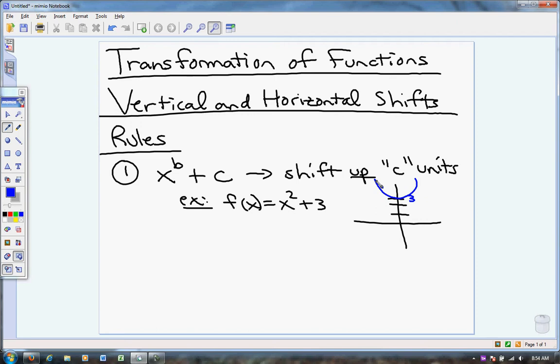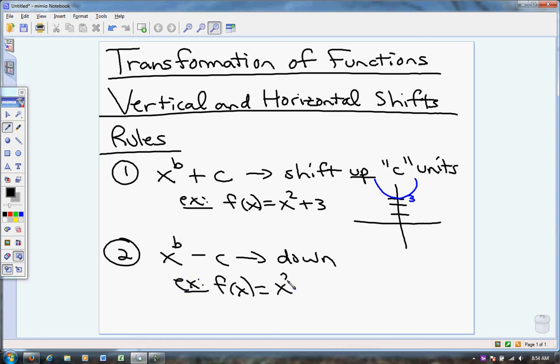So what do you think rule number 2 is, if it's x to the b minus c? Then we go down. If I had, for example, f of x equals x squared minus 5, then that's going to be the base parabola, and you take the minimum and move it down 5.